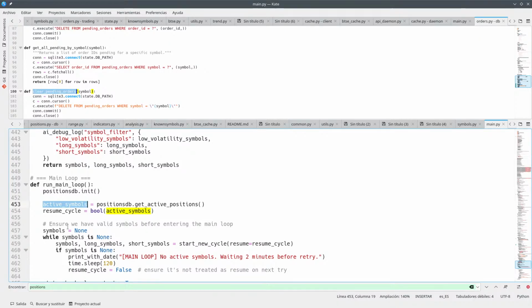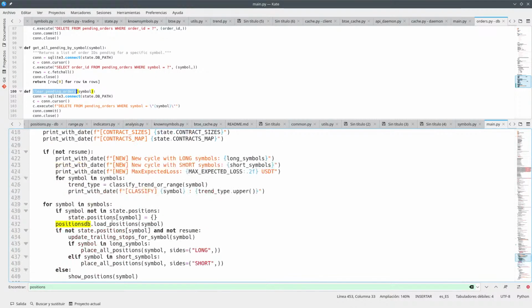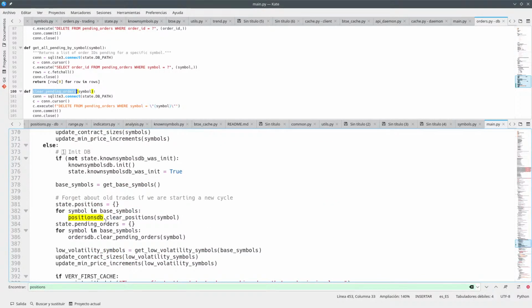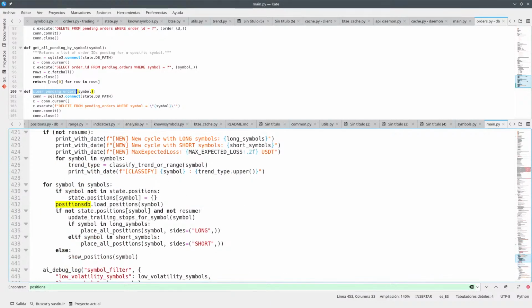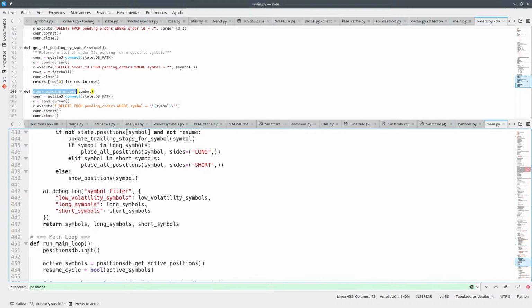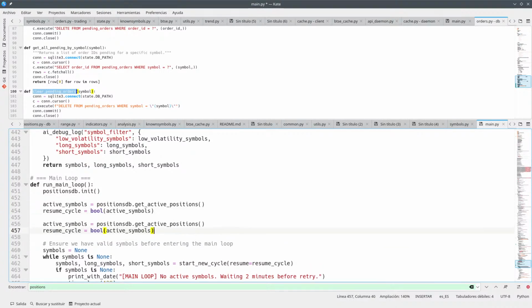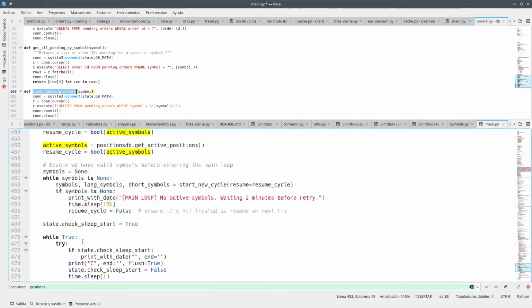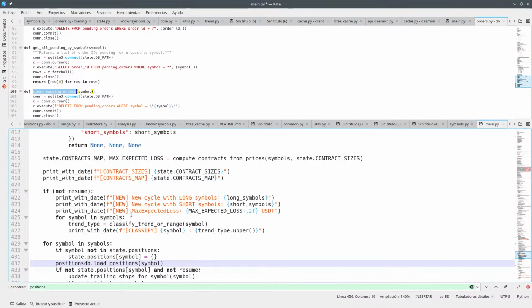Yeah. Let me try. We are missing the positions DB from upwards, where we have to deal with this thing. I mean, this one has been done, but not this one in here. So let's not forget about this. So what I want to be doing here is to have active symbols here, which is not being used, and then having pending orders here. So it's get pending orders.